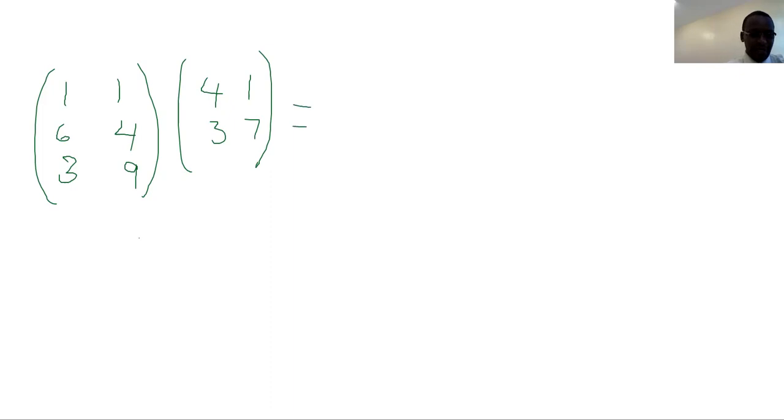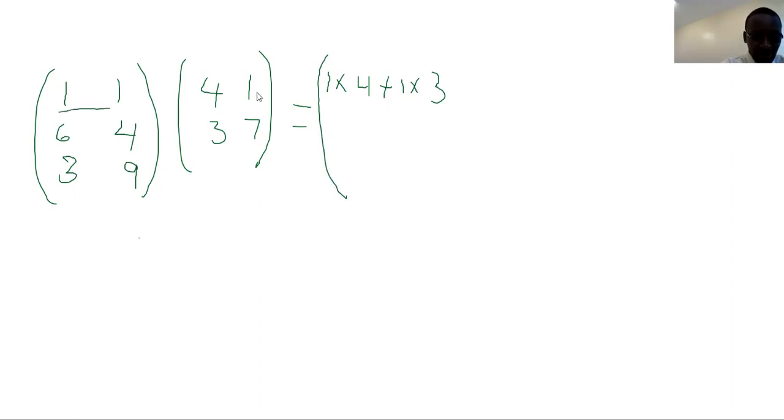We multiply the first row with the first column. Hope you get it. First row here, 1, 1, with the first column here. Let's see. So first row is 1 times 4 plus 1 times 3. That will be the first item we get there.